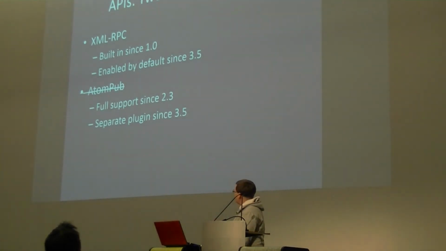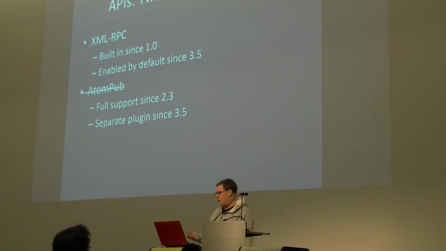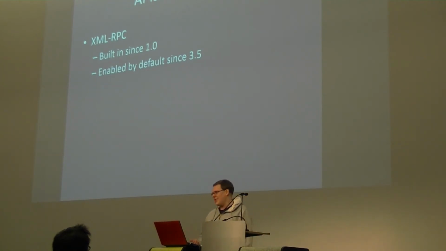We've got the XMLRPC API, which is great to use, still a pain to work with, but at least everybody has it. And then we've got AtomPub, which is in a plugin, so we can get our users to install that. But really, that's not a choice. If we're going to tell people to go out and start using this software, they're not going to enjoy installing plugins just to have it work.